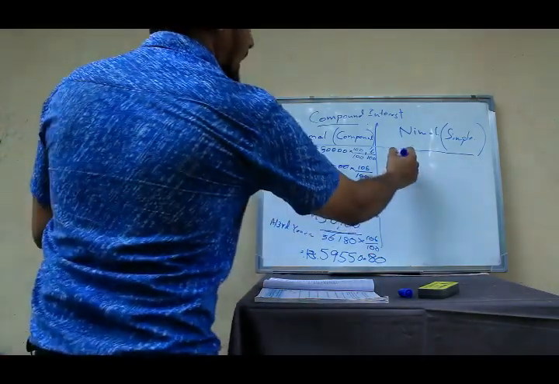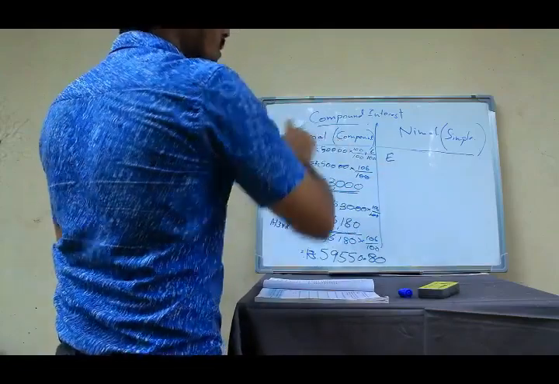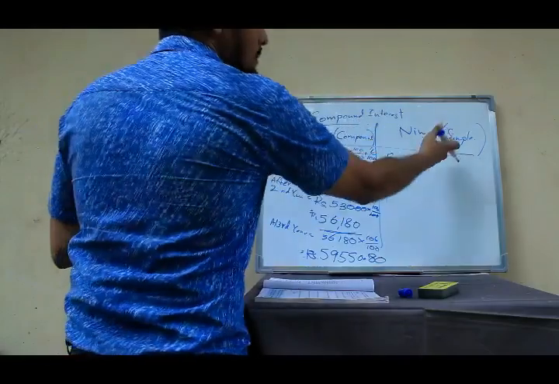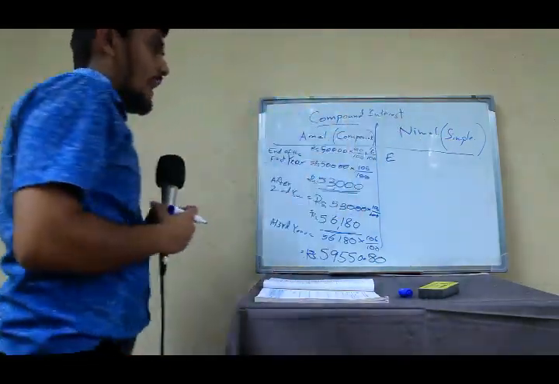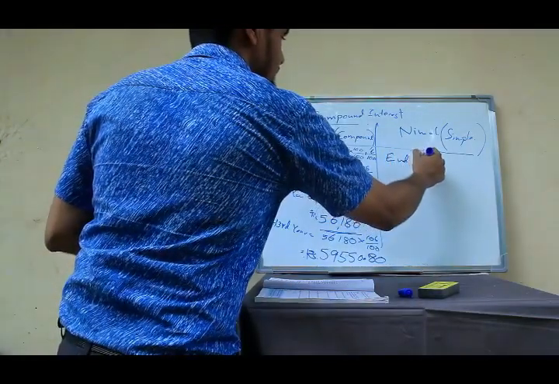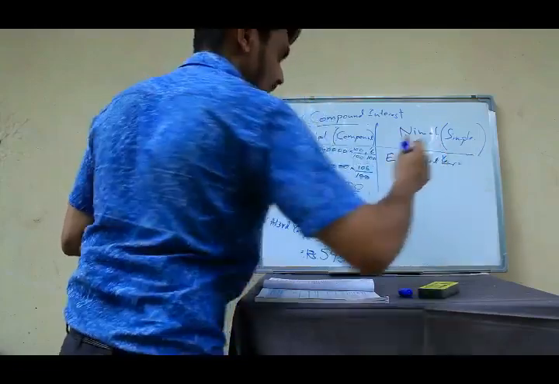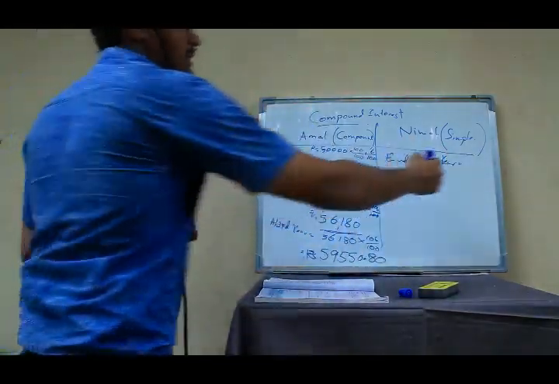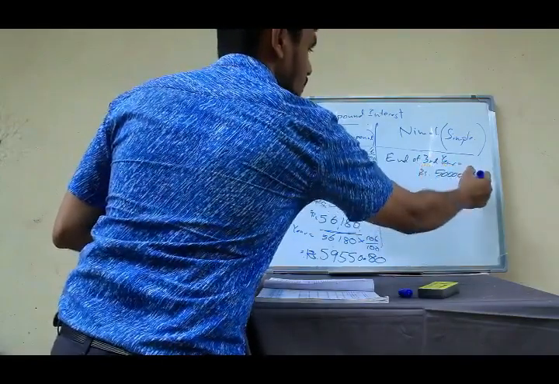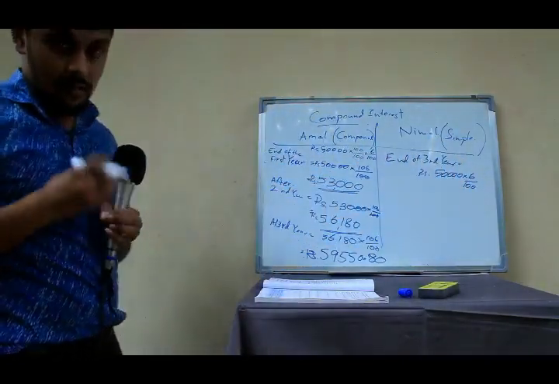Right, let's see the simple interest rate. End of the first year, second year, third year. No, why? This is not compound interest, so this one is simple interest. Then you can apply the simple way. At the end of the third year, there is 50,000 rupees into 106.